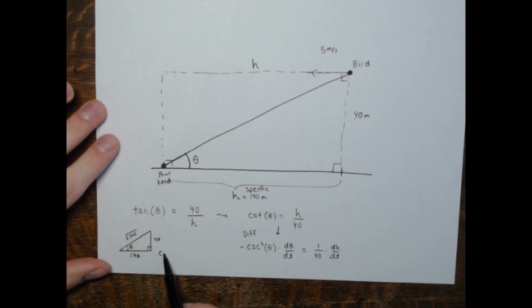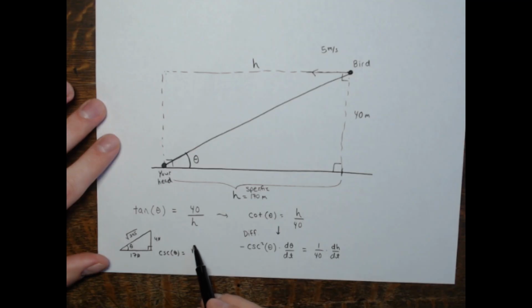So then the cosecant of theta at that moment, remember this is the reciprocal of sine, so it's hypotenuse over opposite, so over 4 here.